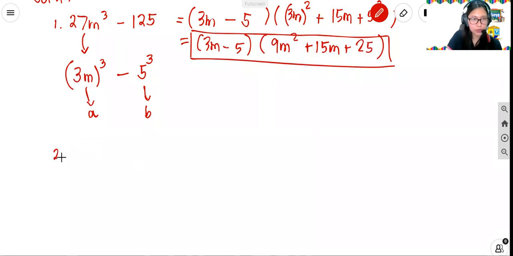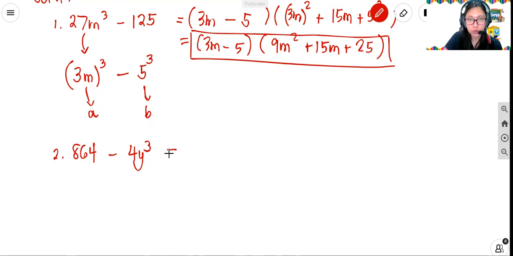For number 2, the question was 864 minus 4y cubed. Okay, so in this case, it seems to be that 864 doesn't have a cube root, right? But looking at 864 and 4, both of them can be divided by 4. So that means there's a common monomial.